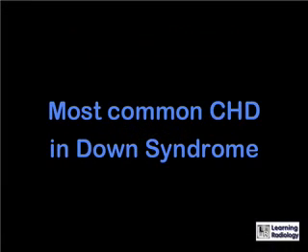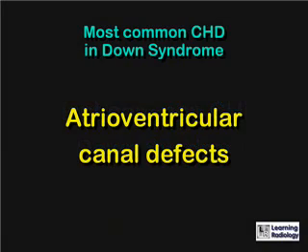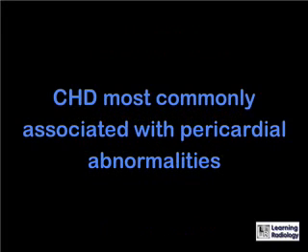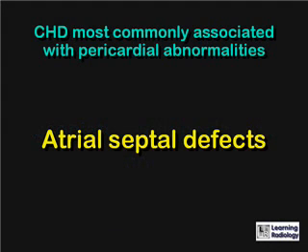What is the most common congenital heart disease in Down syndrome? Atrioventricular canal defects. What is the congenital heart disease most commonly associated with pericardial abnormalities? Atrial septal defects.